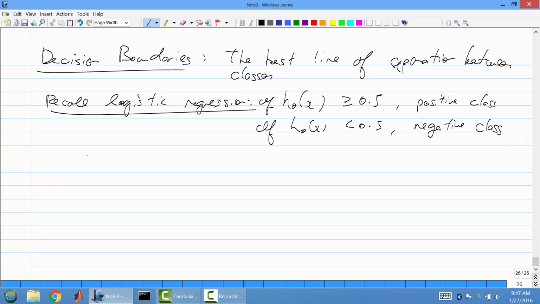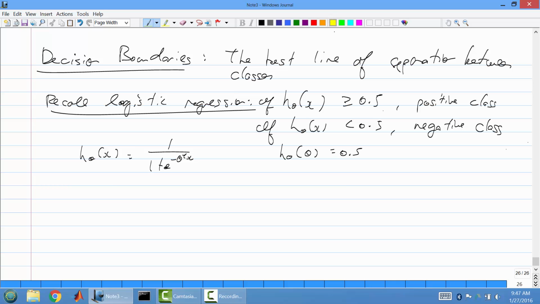All right? So if you remember, it was this function here. And then remember that if the input was 0, then the output is 0.5. Sorry, not 0. Yes, sorry.